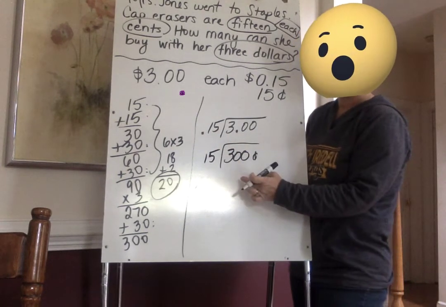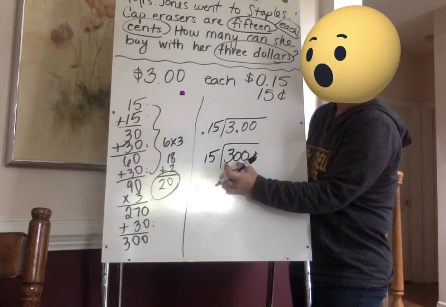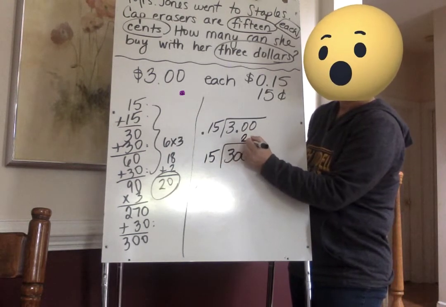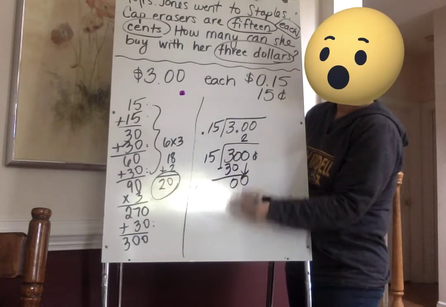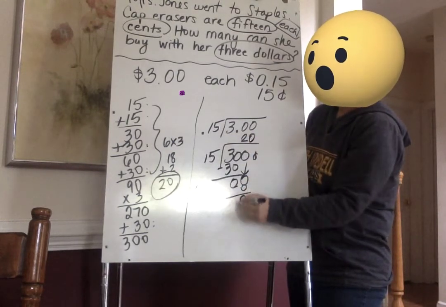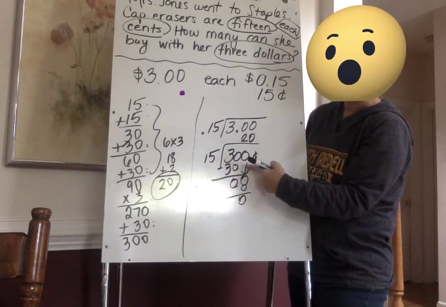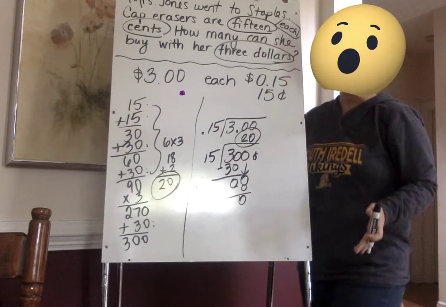We can do division when it's whole number by whole number. So how many 15s will go into 30? 2. 2 times 15 is 30. Drop that 0. How many 15s go into 0? 0. So how many 15 cents go into 300 cents? 20. Same answer. That's another strategy.